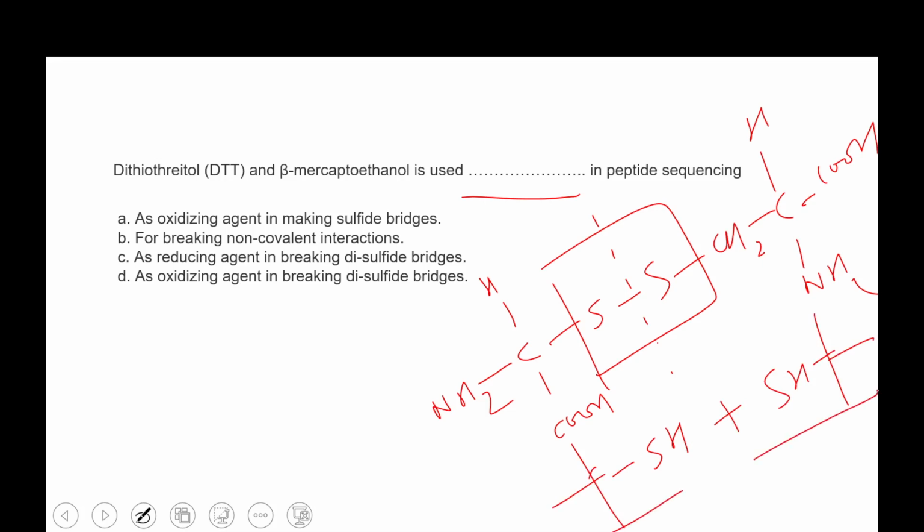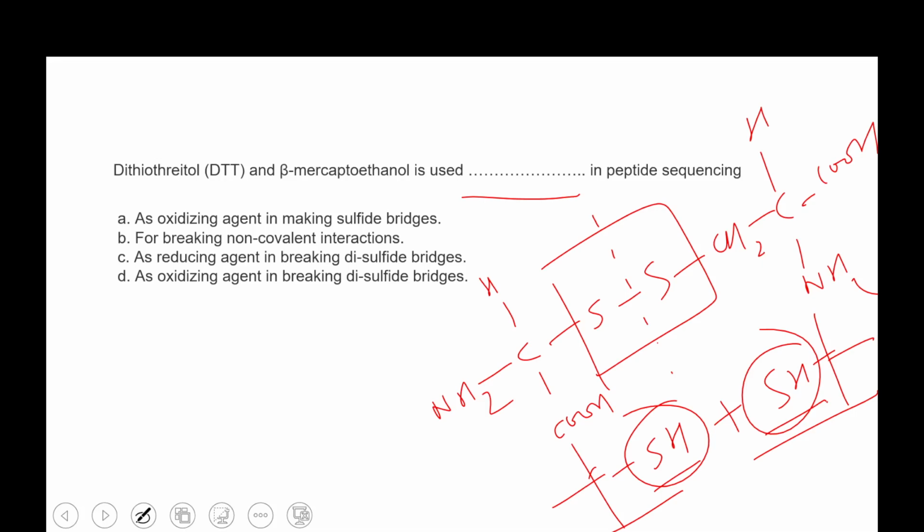So that's how it works as a reducing agent, because it incorporates hydrogen, and incorporation of hydrogen is the reduction of any molecule. By reducing it, it breaks the disulfide bond and adds hydrogen to it, and that is why it is referred to as a reducing agent.